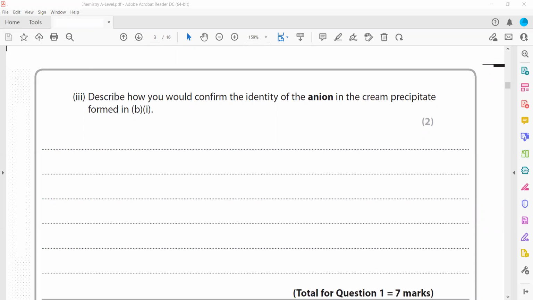So to confirm, in dilute it is insoluble and in concentrated it is soluble or partially soluble.